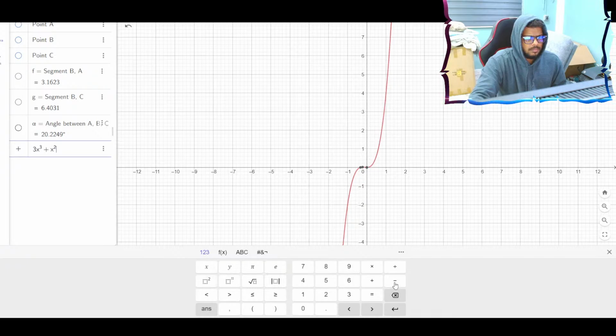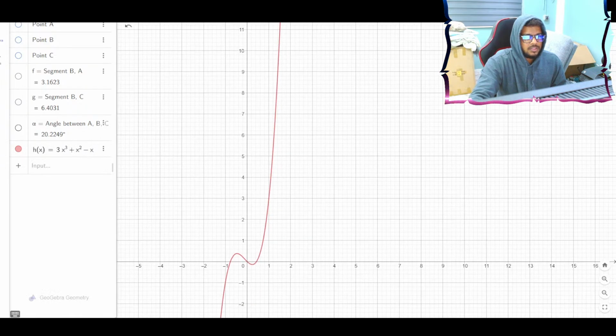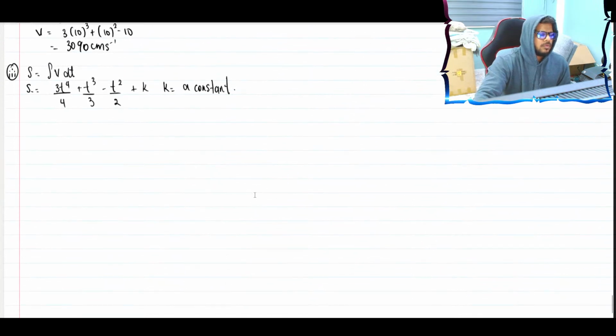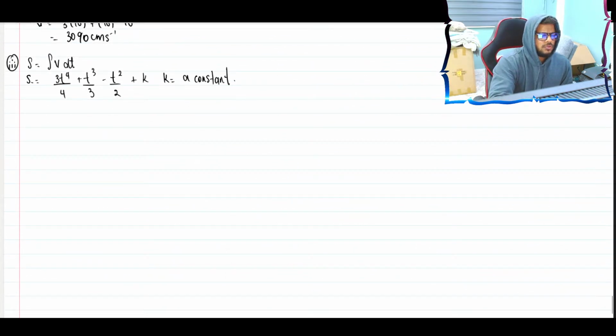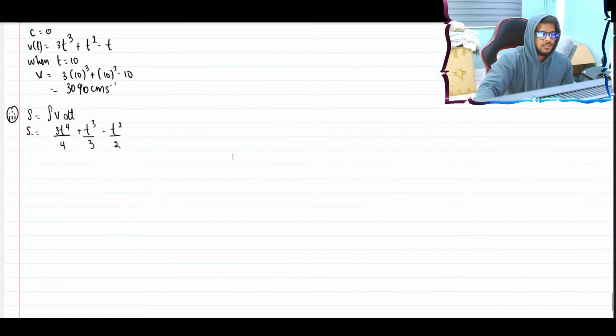And I want it between 5 and 10, so we have two limits. No c. So we could leave out the constant, and you're going to get full marks for this one. We could put in the limits, 10 and 5. Nothing wrong with putting in the limits there.